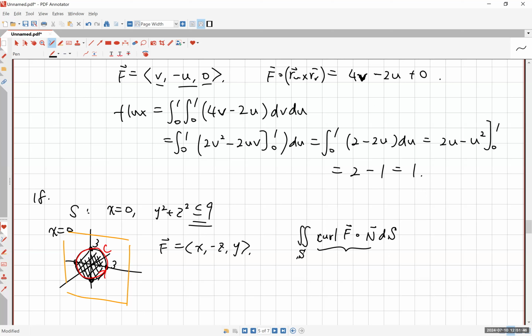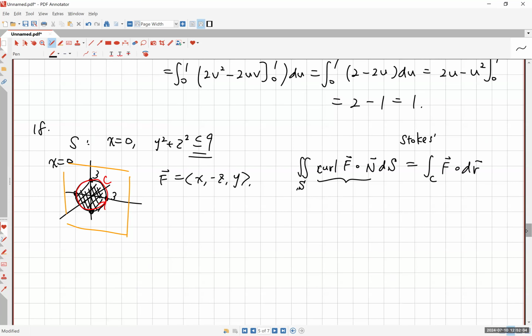So we have to find this. But of course, what does Stokes' theorem say? Stokes tells you this is equal to the work done by F along the boundary. Okay, so again, the double integral is equal to the single integral, just like in Green's theorem. All right, so this is what you have to find.